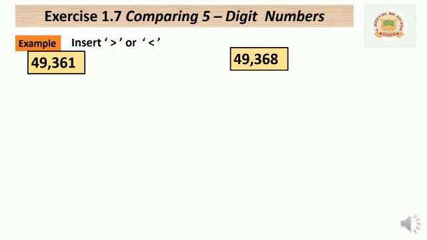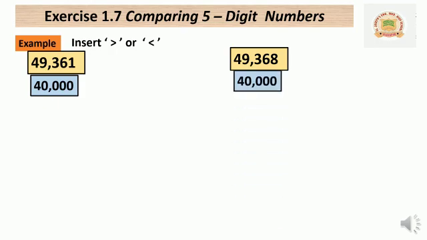Another number which we are going to compare with this is 49,368. Now to do the comparison we have to begin with the biggest place of the number, that is the 10,000s place. In the 10,000s place we are having 4, that becomes 40,000. Here also we are having 4, that becomes 40,000.